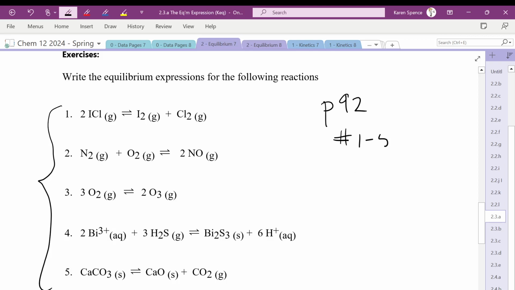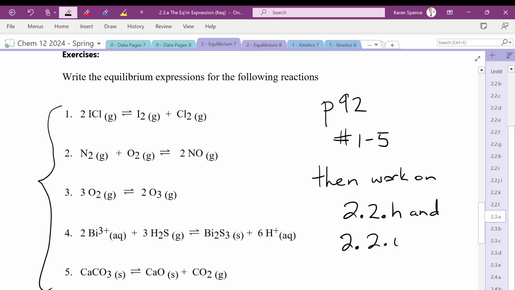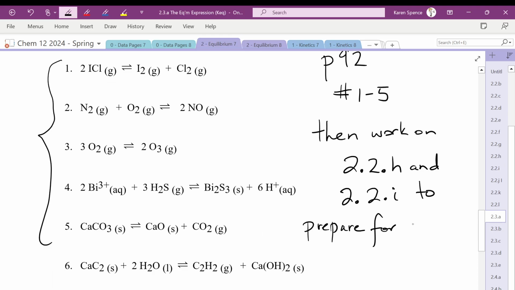Numbers 1 to 5. Then work on 2.2H and 2.2I to prepare for tomorrow's quiz. I will be here after school today, and I will be here at Flex tomorrow if you want some help with this stuff, okay?